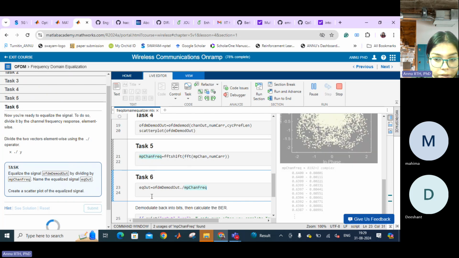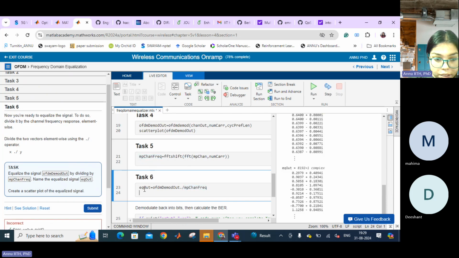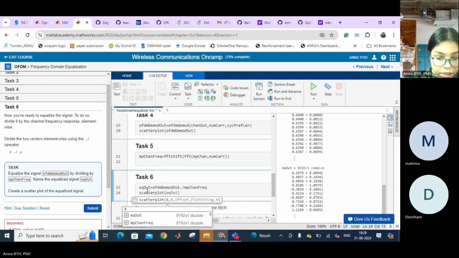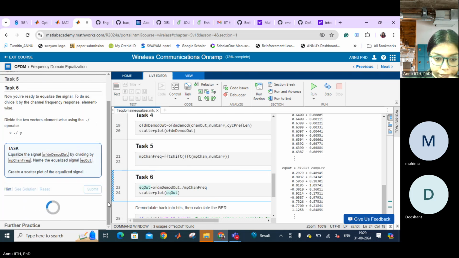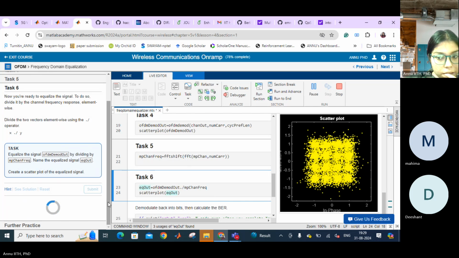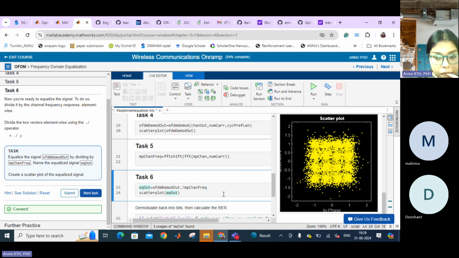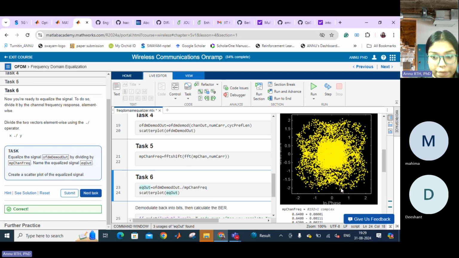So we also need to create the scatter plot of the equalized output. Here, at least after equalization, it is looking far better than the previous one.